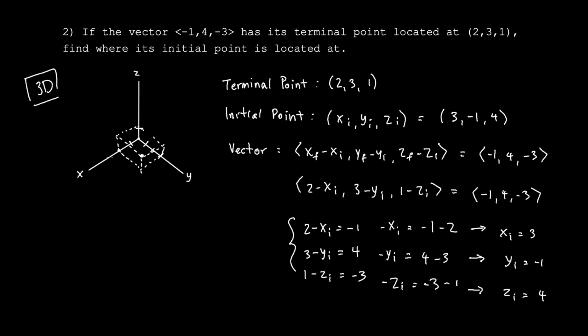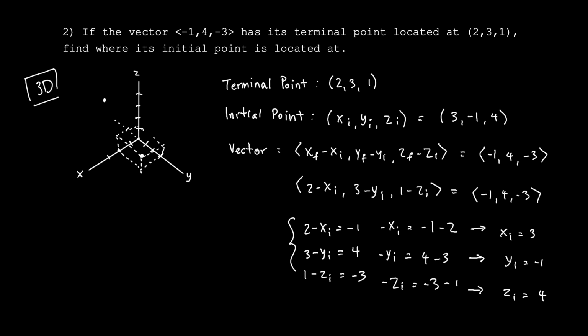And we can try to graph this. So it would be right here, 3. And -1 would mean it crosses the other side. And 4, 1, 2, 3, 4. I'm not going to draw the box, but just approximating it, it's somewhere up here.